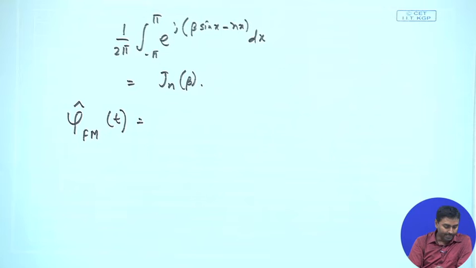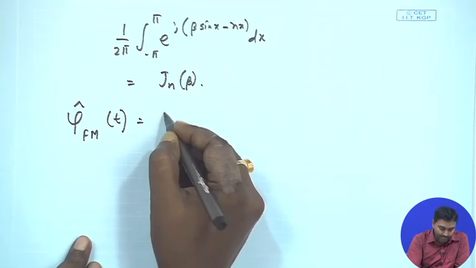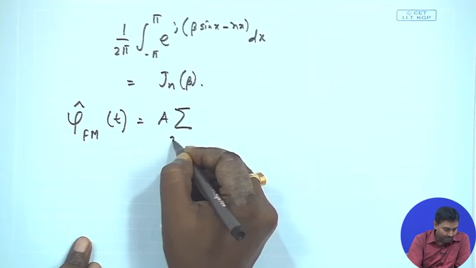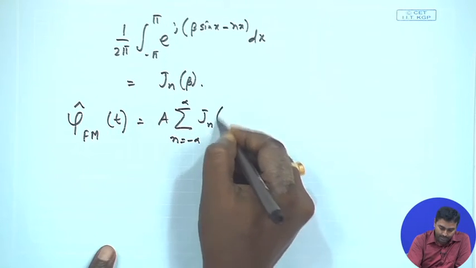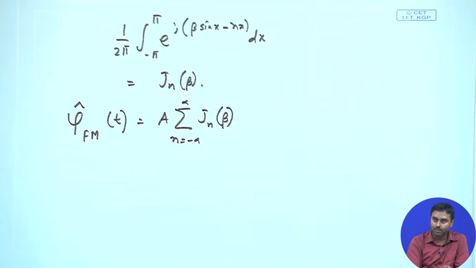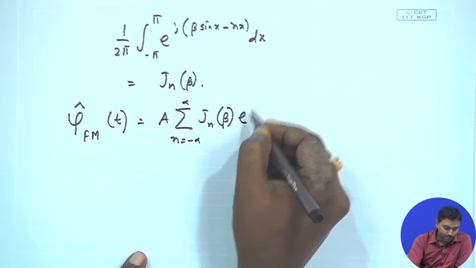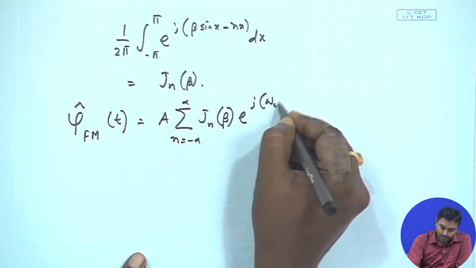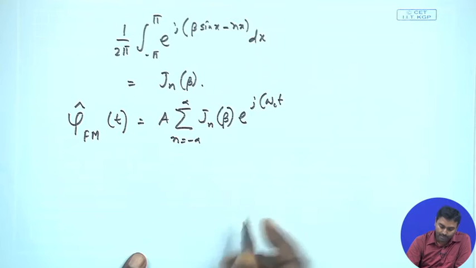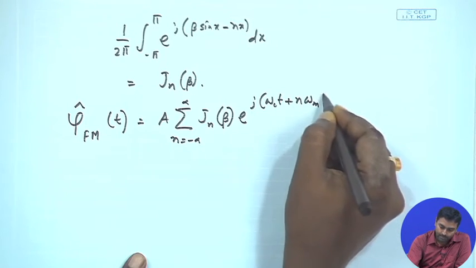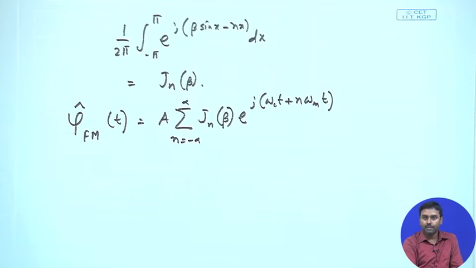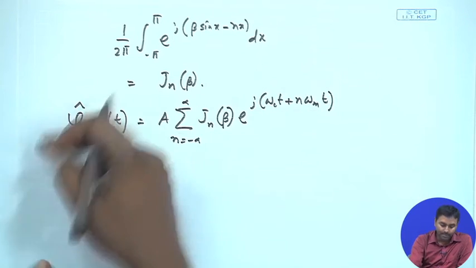So, immediately I can represent this whole thing as a summation, n goes from minus infinity to plus infinity, J_n(beta), which is that coefficient, and I will have e to the power j omega_c t, which was already there, multiplied by e to the power j n omega_m t, which is coming due to the Fourier series representation. So, this is what we see.